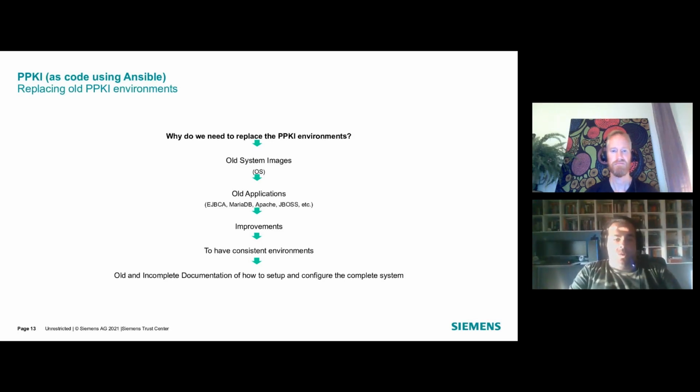And why do we need to replace these PPKI environments? First, because we had old system images, old applications, we want to do some improvements, have consistent environments, and of course, one of the major problems of companies nowadays: old and incomplete documentation of how to set up and configure the complete system.